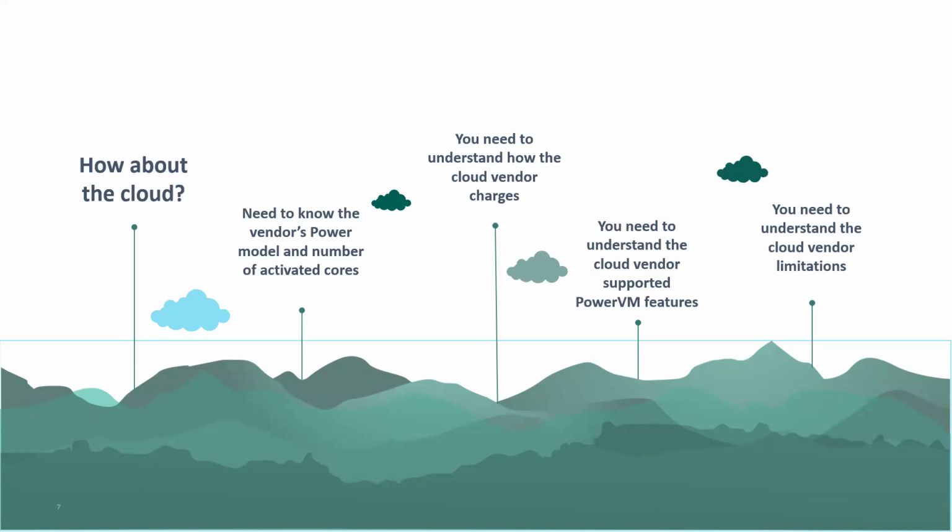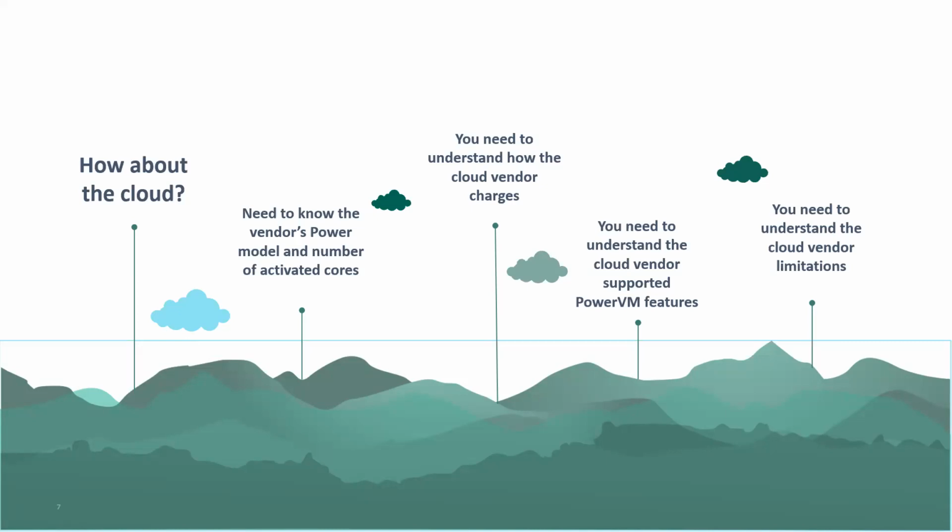You need to know if they are on S922, S1022, E980, I mean, all the models we discussed before. And you need to know how many activated cores, because this will have an impact on your configuration and the licensing that you may need to get, not only for the IBM, but also for the third-party programs.